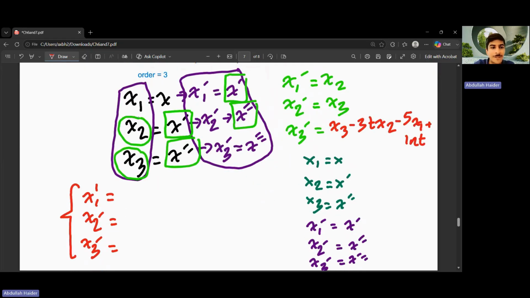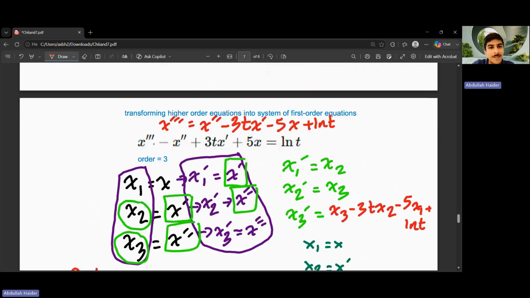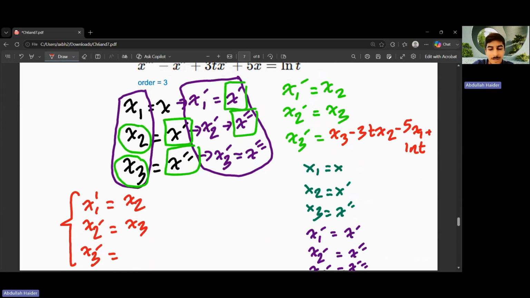So now you can write your system of equations. x1 prime is your x2, x2 prime was your x3, and x3 prime is basically now writing this equation in terms of x triple prime, and you get x3 minus 3t x2 minus 5x1 plus ln t.